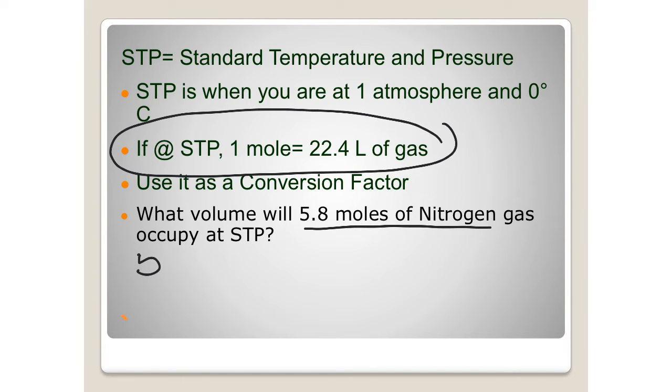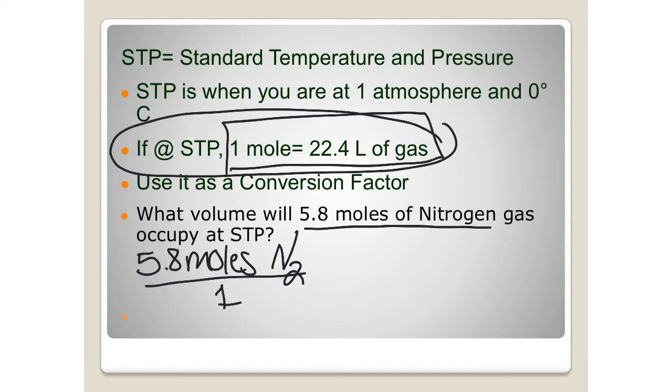So we have 5.8 moles of nitrogen gas. Nitrogen is one of those diatomics, so I'm just going to label it N2. That's our starting substance. We want to get to liters. If we're at STP, 1 mole is equal to 22.4 liters. So we can set up our conversion factor.